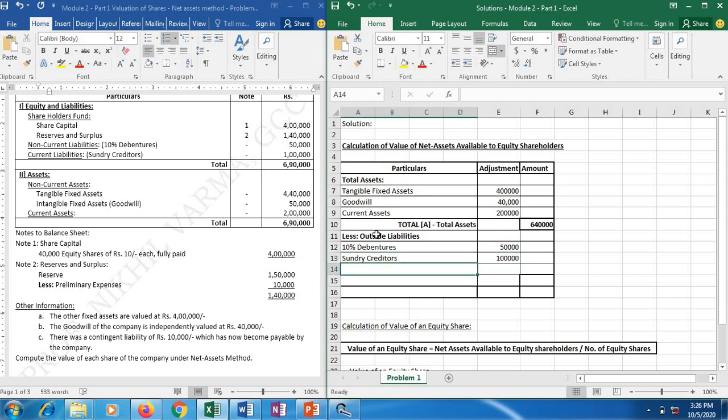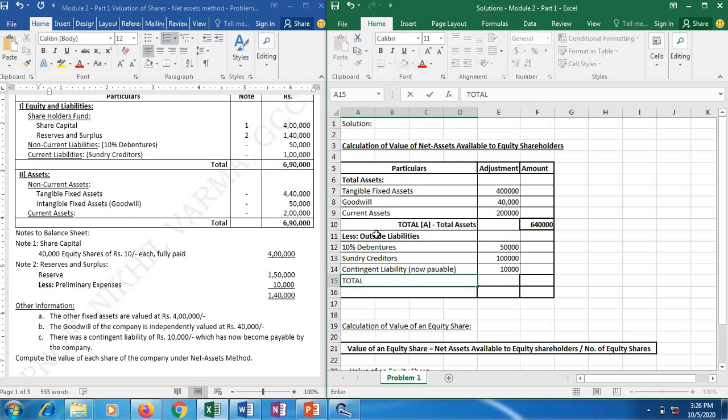Then there is an adjustment which is given about the contingent liability, it has now become payable. We don't consider it a liability until it becomes payable. It will become a liability only when we have to pay that amount. We'll take that amount as well.